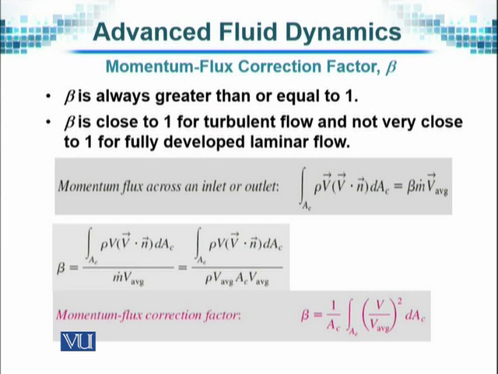Now, for laminar flow, I have shown you many times the picture in which the flow is very smooth. Sometimes it takes a parabolic shape, other times it's something like this, but it's a smooth flow field situation.